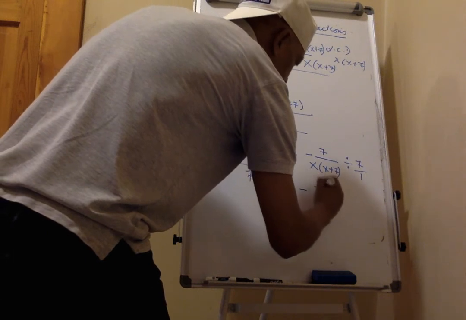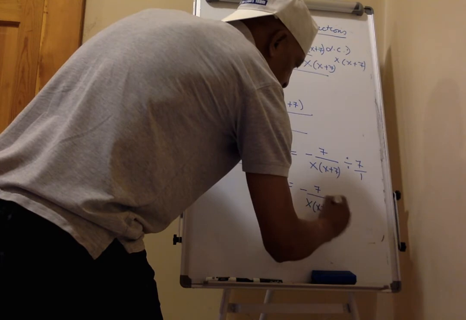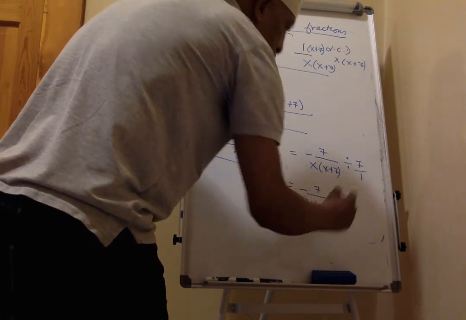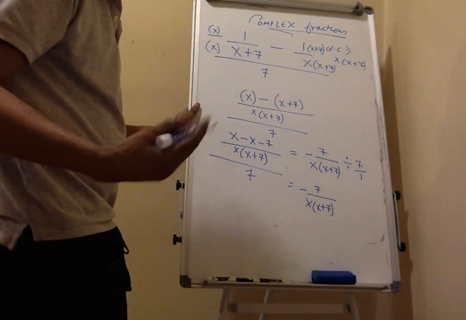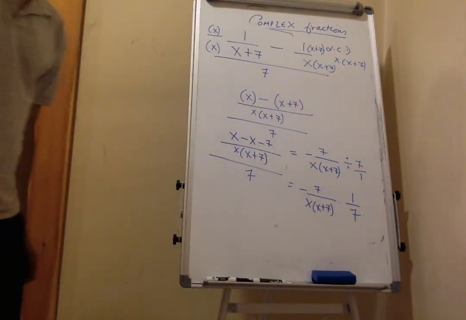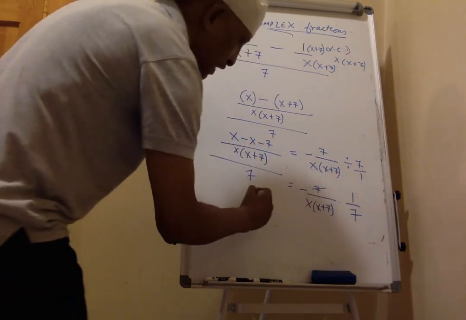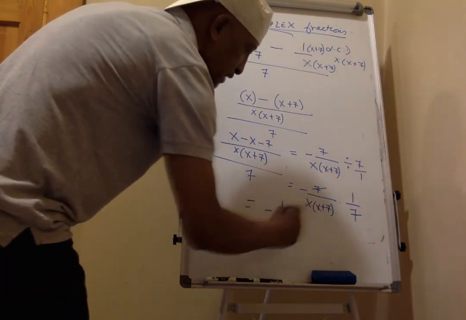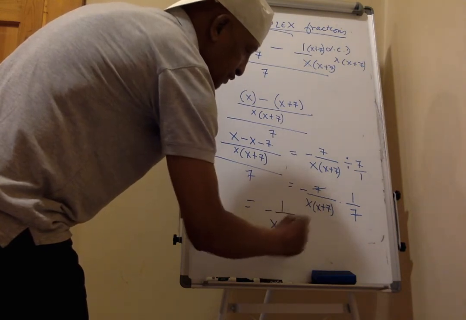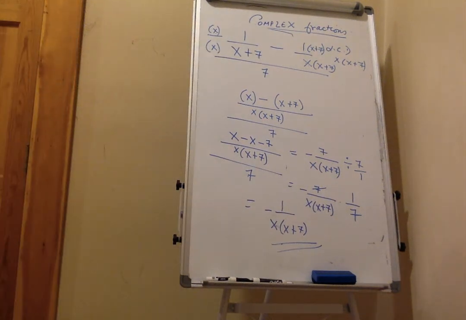Dividing by 7 over 1 means you are multiplying by 1 over 7. So you end up with this. The 7 and the 7 cancel out, so you end up with minus 1 over x times x plus 7. Okay. So that's what we mean by complex fractions, and we are ending this session.